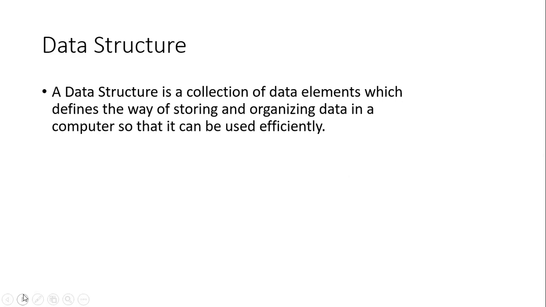In practice, when we consider array memory allocation, for example, A of 10, the memory for 10 subscript values will be allocated linearly in a sequential order, which is very difficult to allocate as a sequence of memory for a long time in a program. So we go for the list ADT.